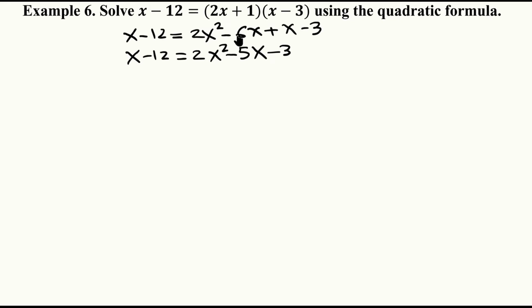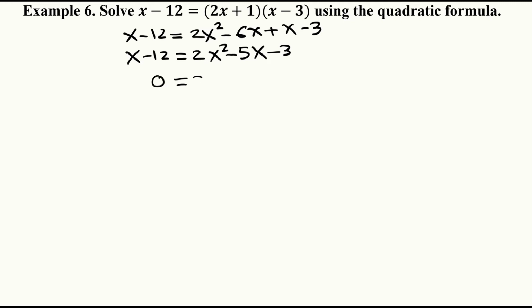Before you start moving things around, make sure you have fully simplified each side. That's the best practice and the one leading to the least possible chance of error. So now we've simplified both sides. We'll go ahead and move everything to the right side.